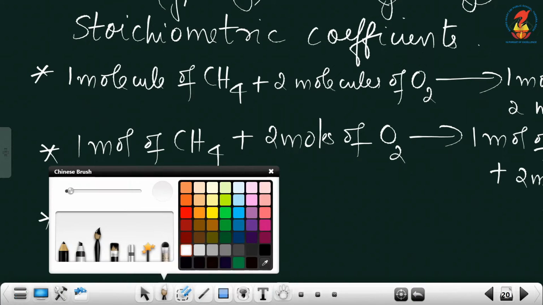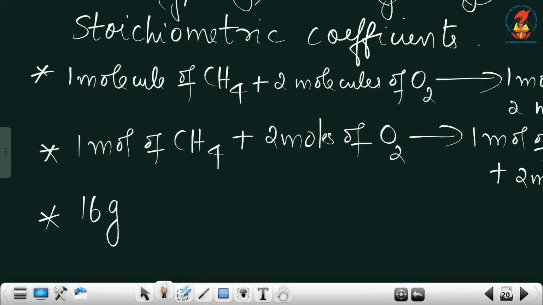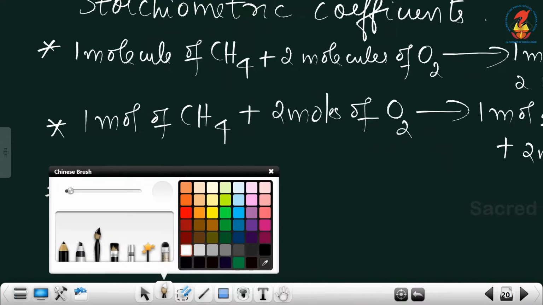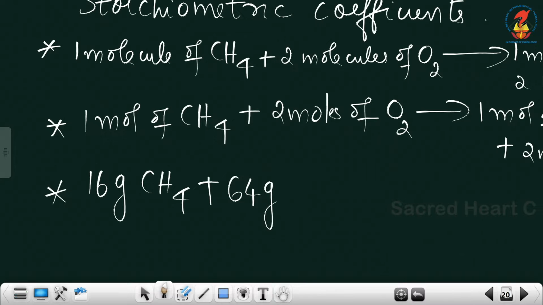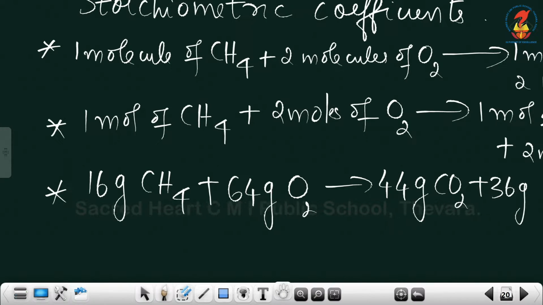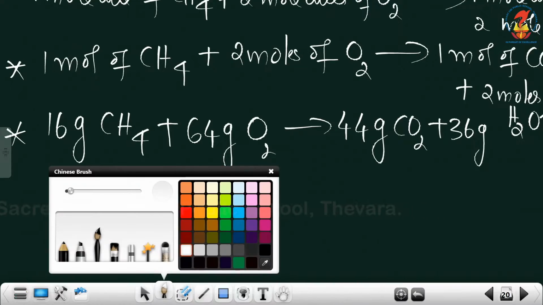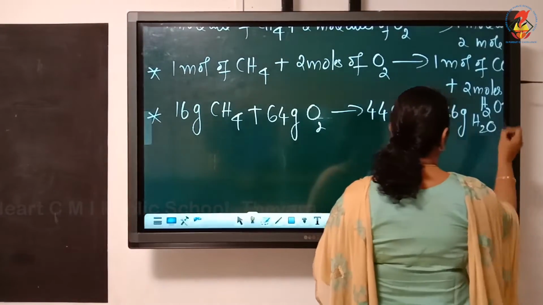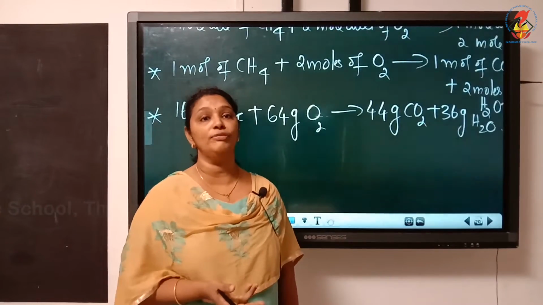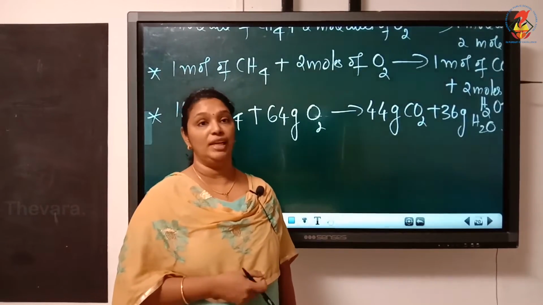I can write 16 gram methane combined with 64 gram oxygen to give 44 gram carbon dioxide plus 36 gram H2O. So this is the third information. We get to know about the masses of reactants and products in the chemical reaction.